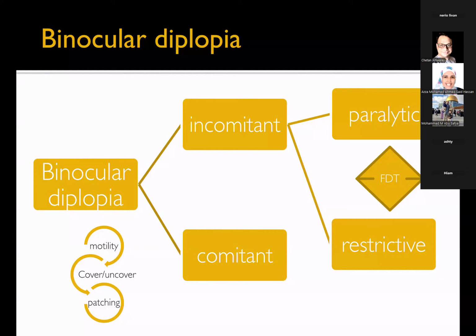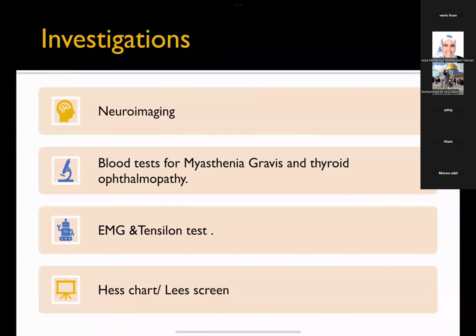There are two types of vergence paralysis, divergence paralysis and convergence paralysis, which can present with binocular diplopia, more likely to be comitant. This can be differentiated through the motility test, cover and uncover, and patching.